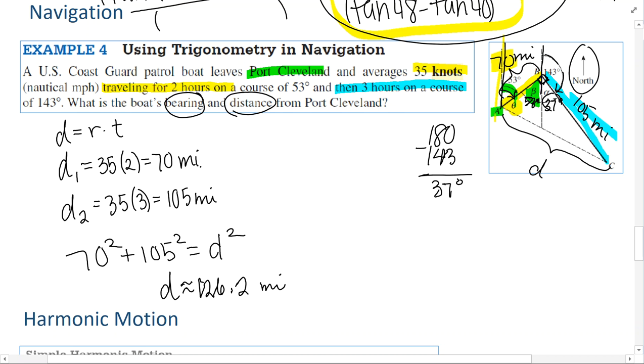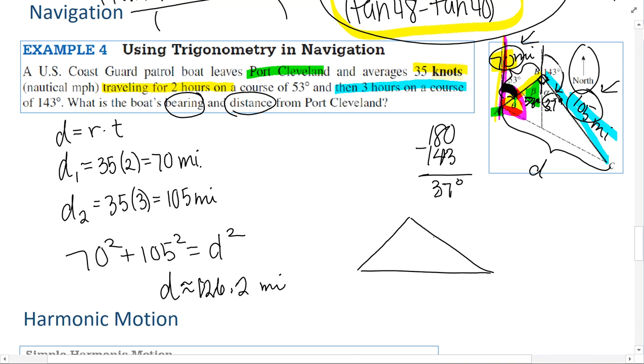It's to the straight up and down line that represents north. So what we need to do is figure out 53 plus theta. We have to find theta and then add 53. In a right triangle here, we can find theta by using tangent. This is the opposite, this is the adjacent of that angle in the right triangle. Let's redraw this triangle a little bit.